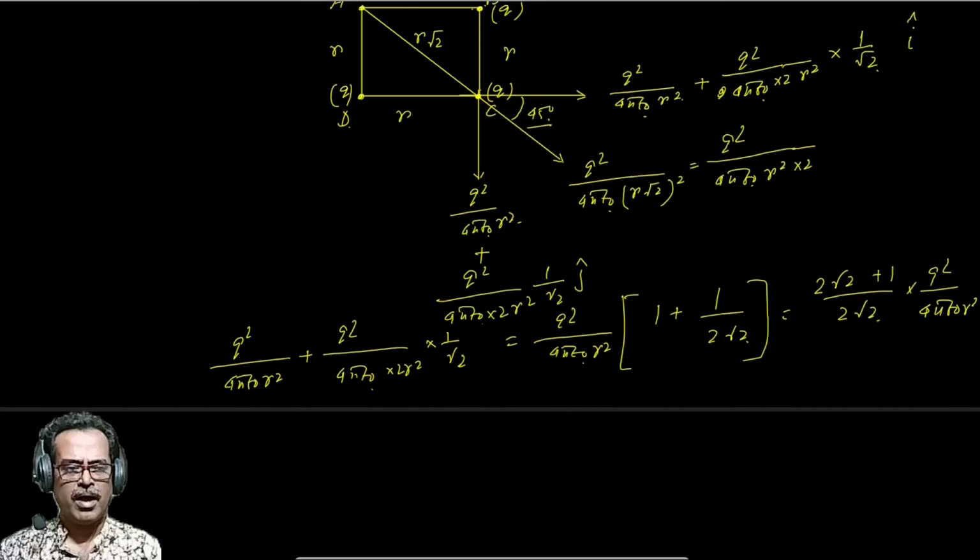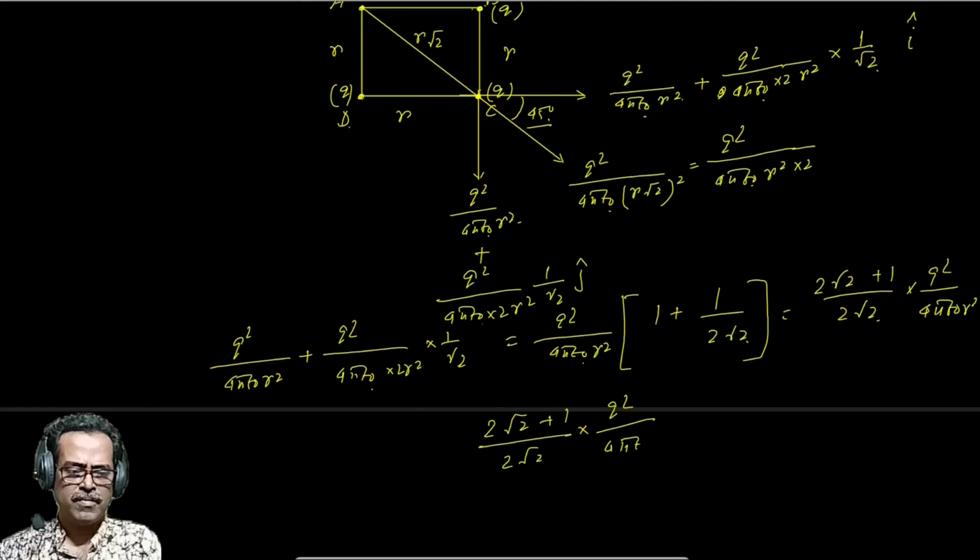This will have the same magnitude as this, also have the same magnitude as it. So the magnitude of the resultant is equal to this into root 2. So this will be 2 root 2 plus 1 by 2 root 2 into Q square by 4 pi epsilon 0 R square into root 2.